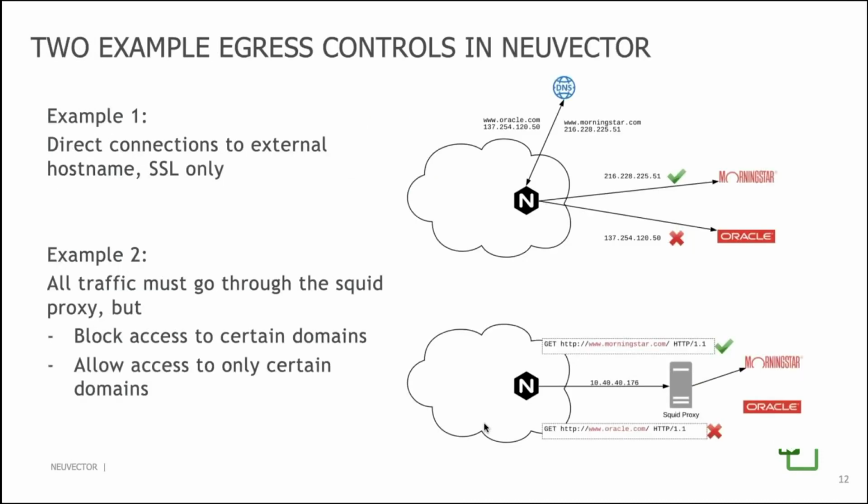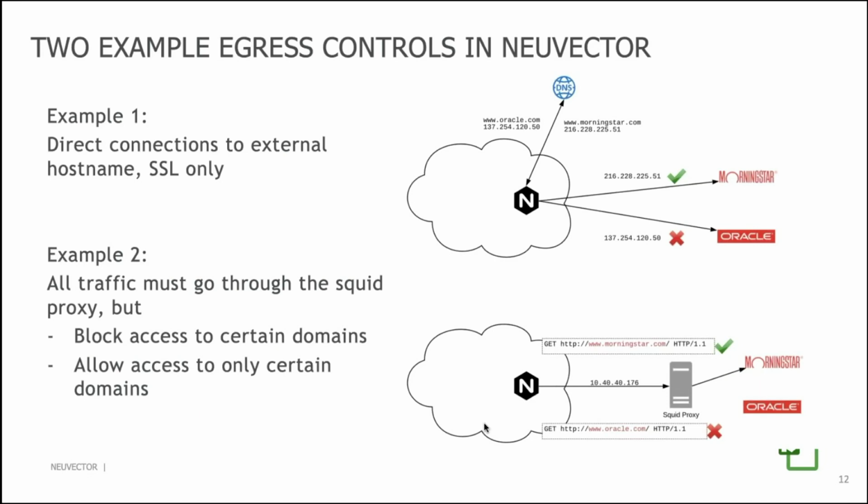So a couple of examples of egress control in NeuVector. The very simple one, which Selvam was showing, is a direct connection of a pod or a specific pod selector to morningstar.com, but then blocking oracle.com.